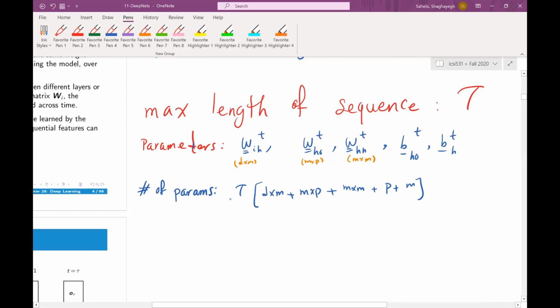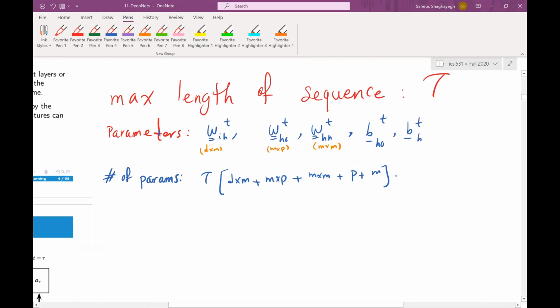That is lots of parameters. This is too many parameters, especially if your sequences are long. If your tau is large, then it's going to be too many parameters.